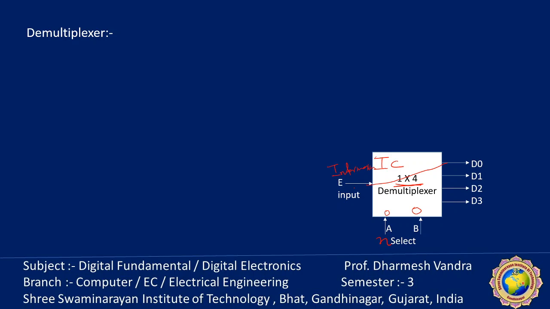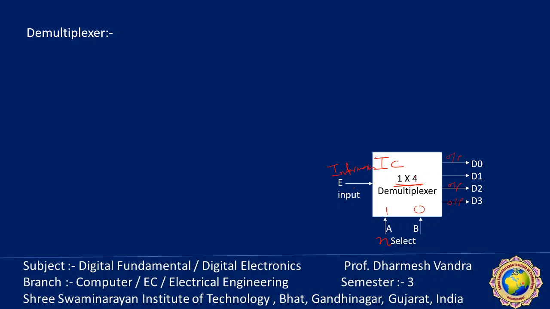Suppose the selection lines A and B are 0 1. Now whatever the information is, it is passed to line number 1. The remaining are open or not connected.